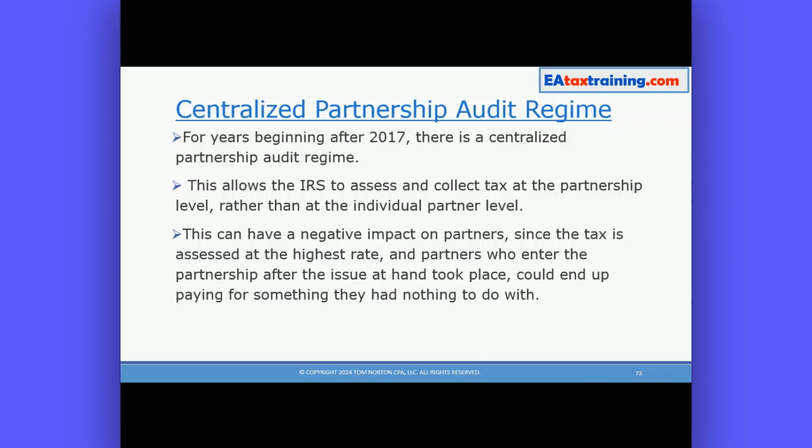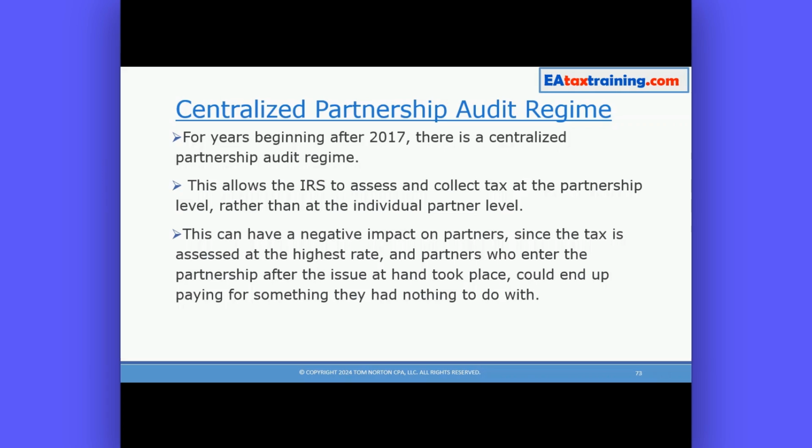Well, let's say you are a partner that was not a member of the partnership in 2020. You didn't come in until 2021 or 2022. Well, you're getting a raw deal here because you, as a partner, are in effect paying for something that you had nothing to do with. Now, you're not paying out of your own pocket.